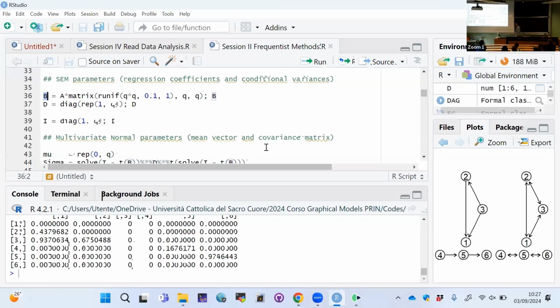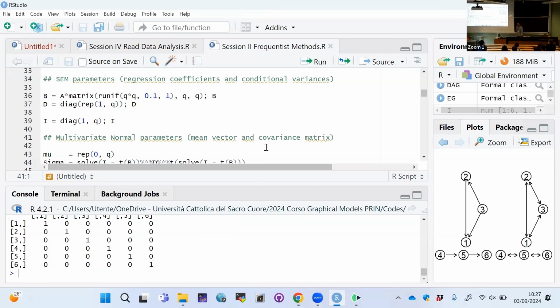And this is what we obtain, the weights of our edges, if you like, or our regression coefficients. While for the matrix D, the matrix with the diagonal entries corresponding to the conditional variances in the structural equation model, we can fix it equal to the identity, just for simplicity.